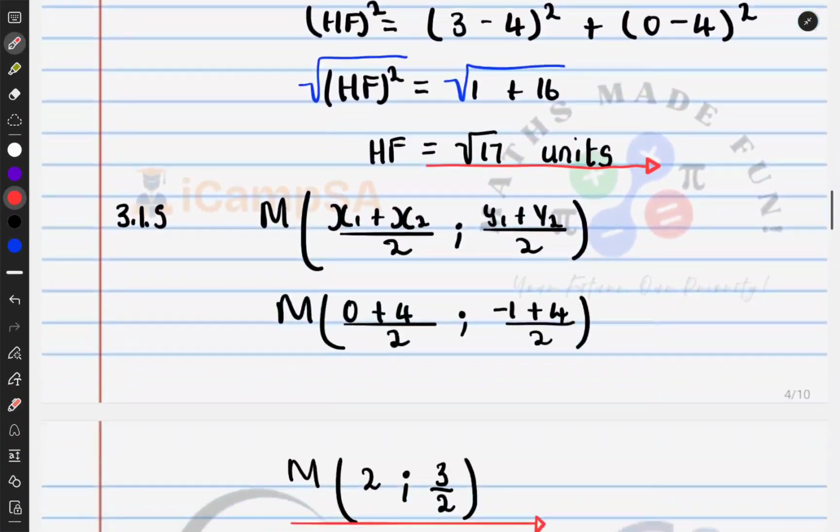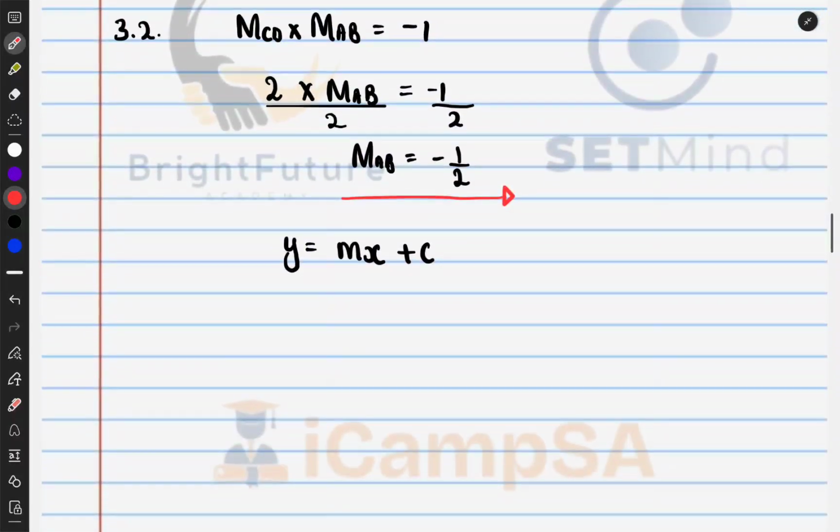Let's solve for the y-intercept. So we have 2 is equal to -1 over 2 times -5, plus c. Therefore, c will be equal to 2 minus 5 over 2, which is 9 over 2.